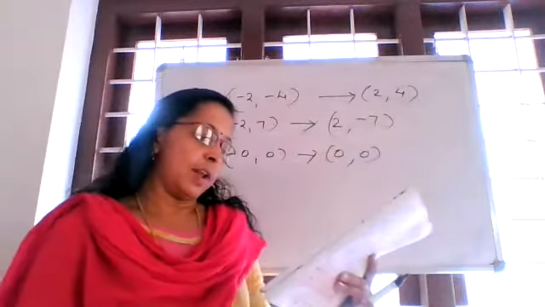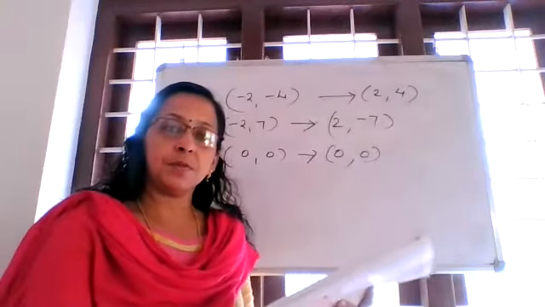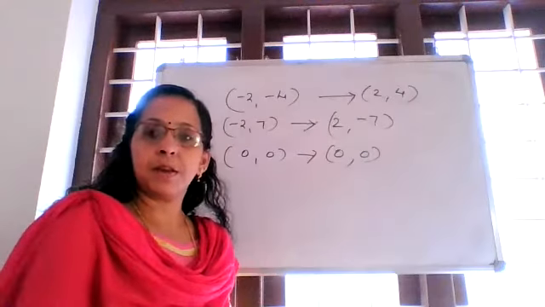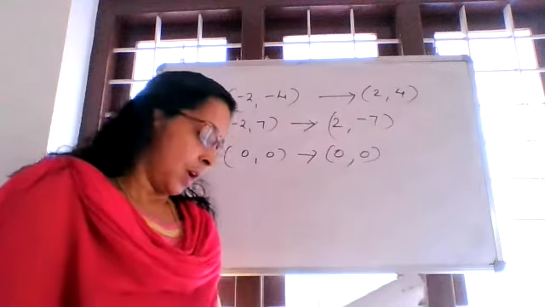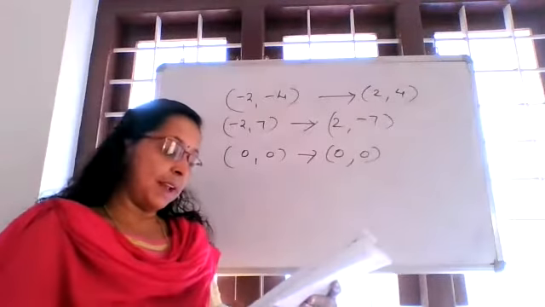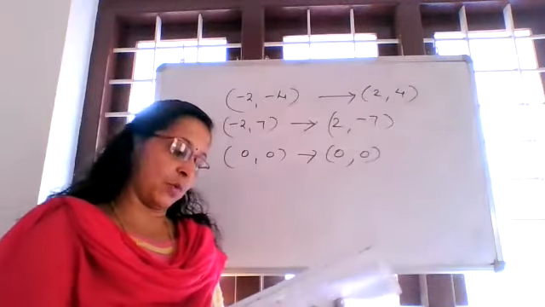Then the sixth question. State the coordinates of the following points under reflection in the line x is equal to 0.